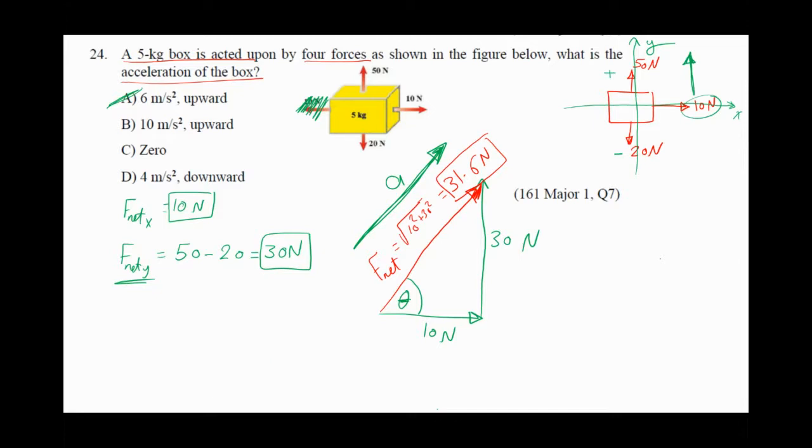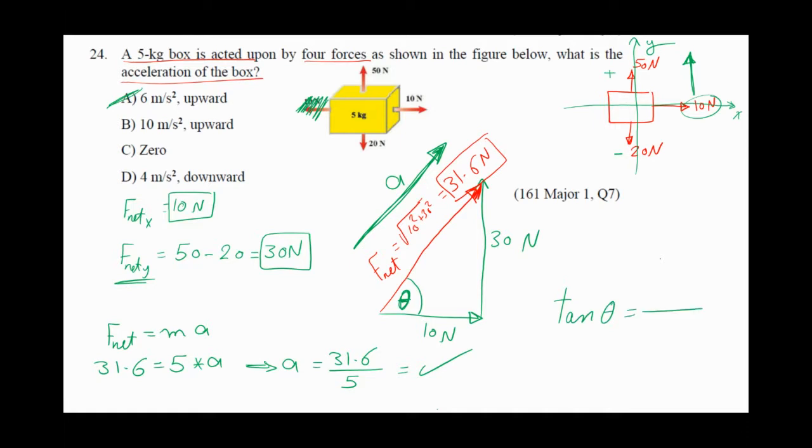So in this case, the net force equals mass times acceleration. The net force is 31.6, the mass is 5. So the acceleration is 31.6 divided by 5, and you will get it. The direction here is angle theta. I can get the angle theta from tan theta.